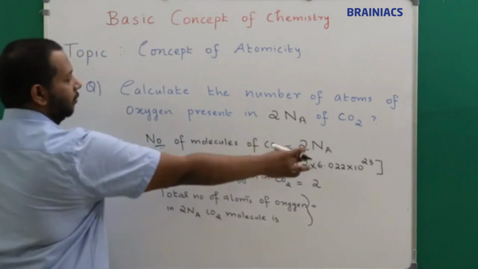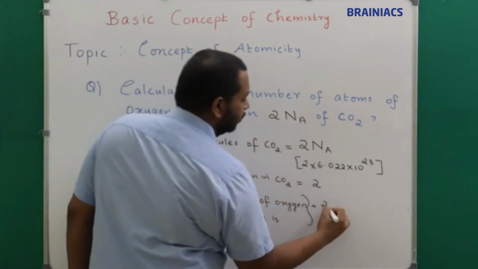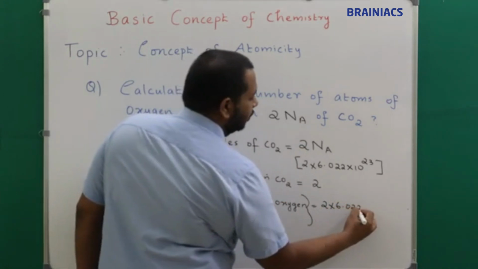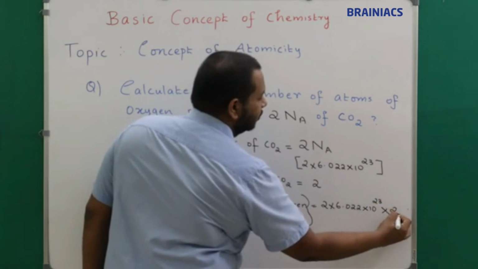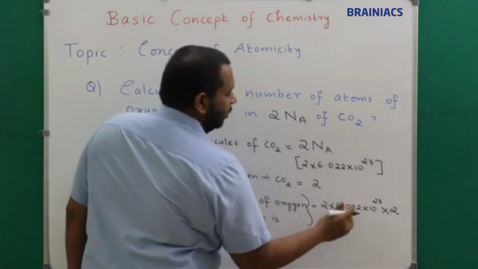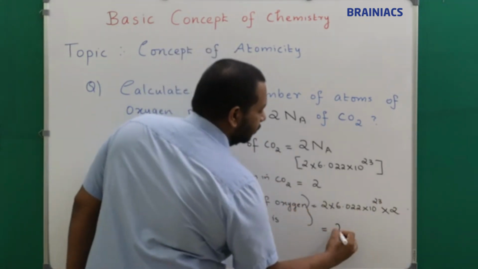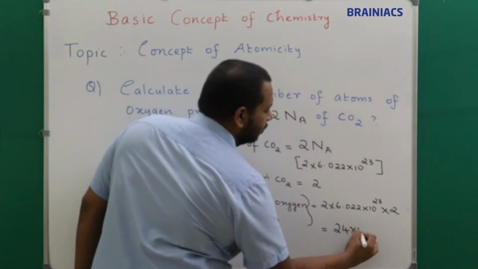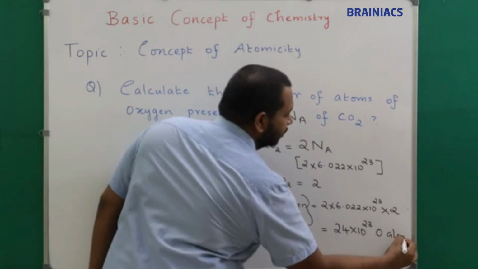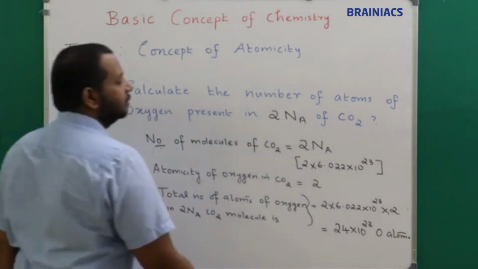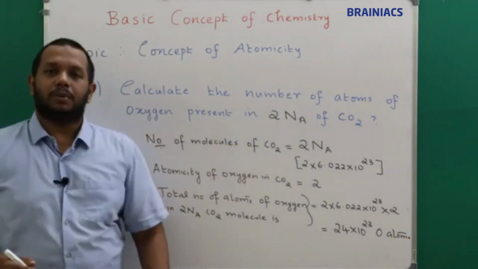Number of molecules, that is 2 into 6.022 into 10 power 23, multiplied by atomicity, 2. So the answer will be 6 into 2 is 12, 12 into 2 is 24, 24 into 10 power 23 oxygen atoms. Correct? So this is the way you need to do it.